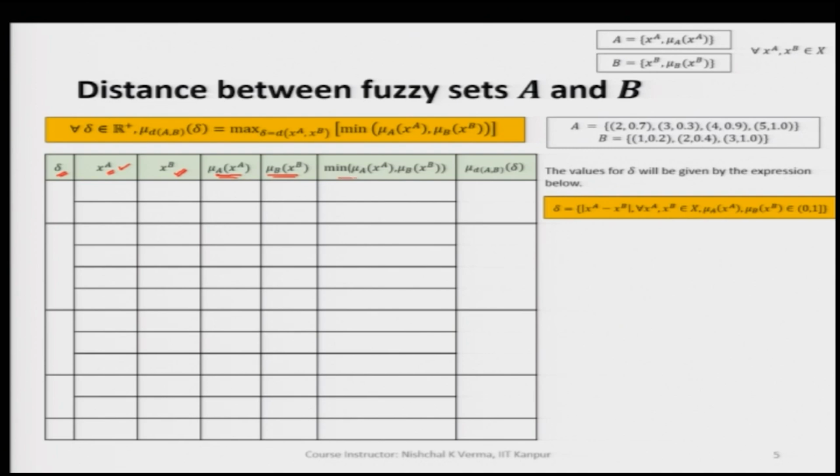Then we take the min of these two, mu A of x_A and mu B of x_B. That is how we fill these entries.